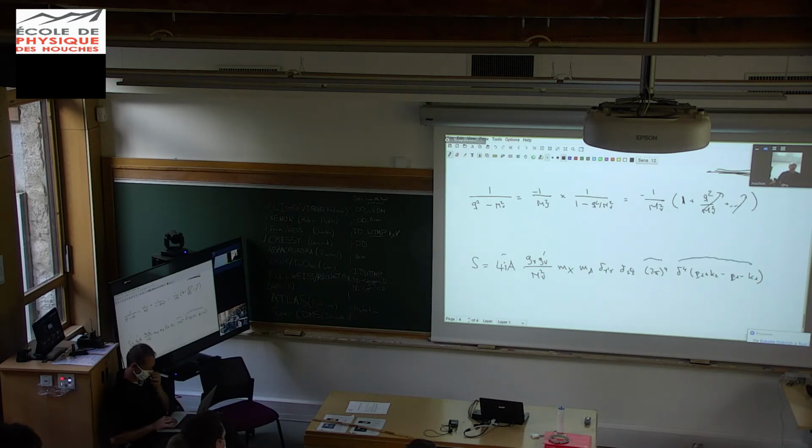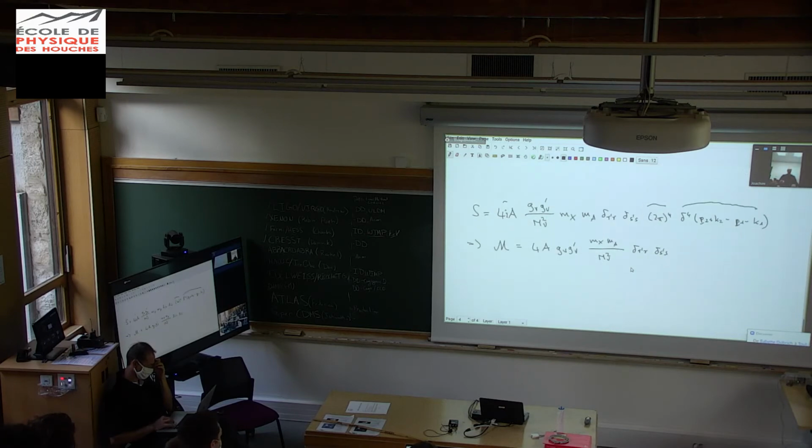If we factor this out, this just gives us M. So M equals 4A G_V prime m_chi m_A over m_V squared, delta_R'R delta_S'S. Okay, so that's the transition matrix element.